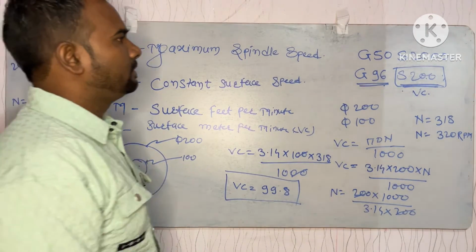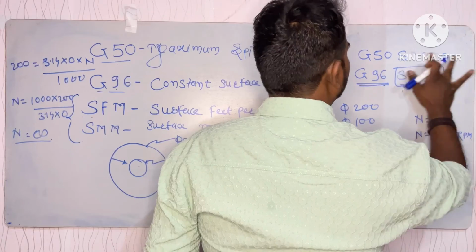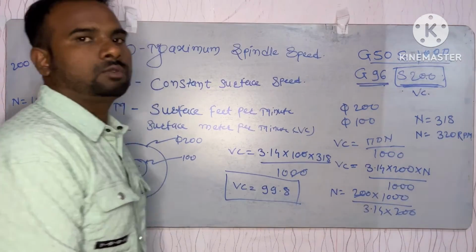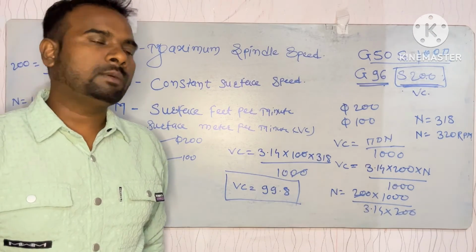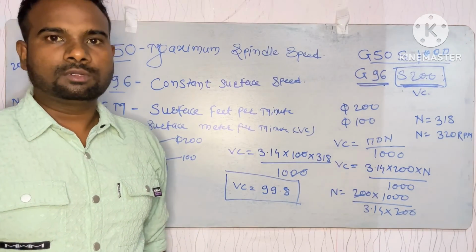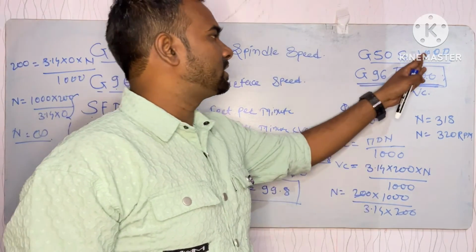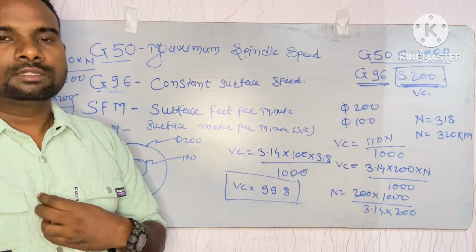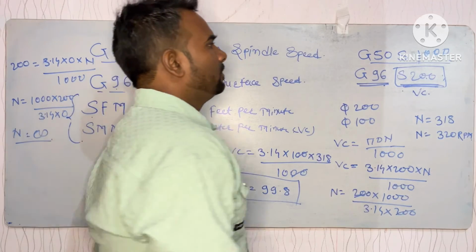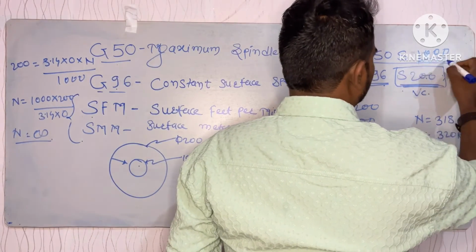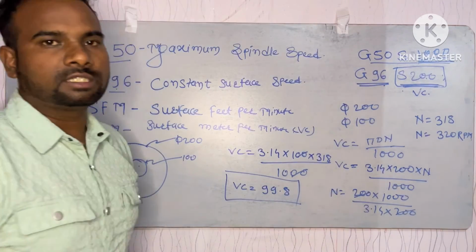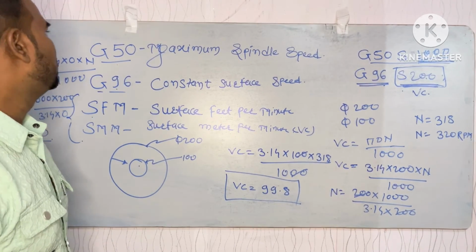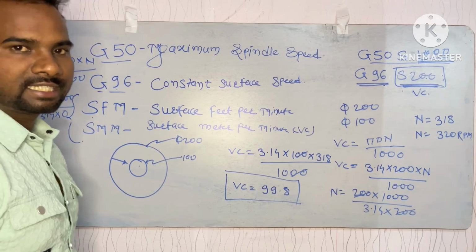If you input G50 and RPM 1000, then it limits the machine to provide RPM to the job only up to 1000. So it will maintain 1000 RPM until completing its operation at the center point. This was the use of the G50 code and G96 code.